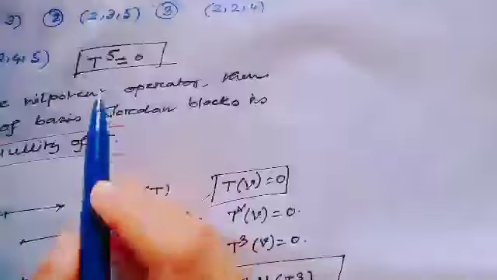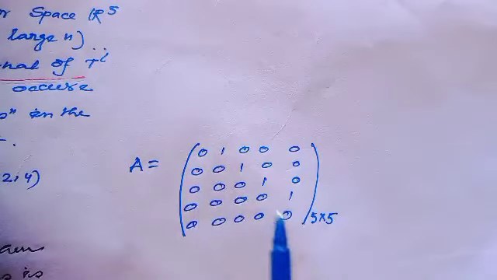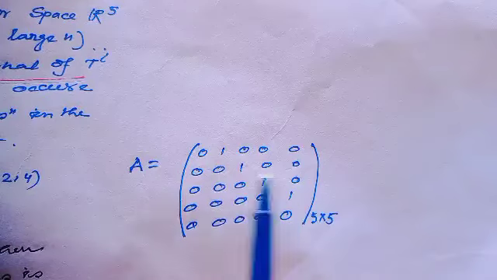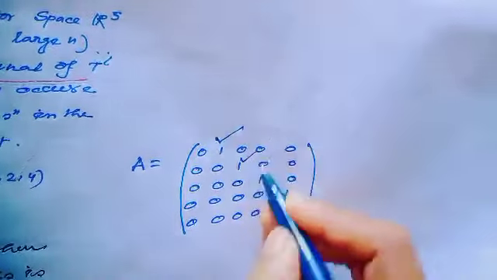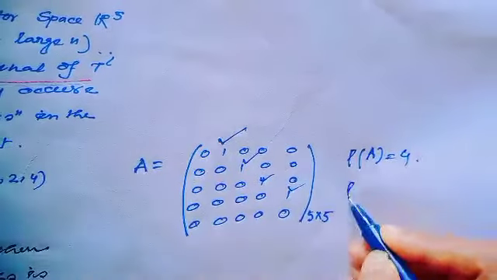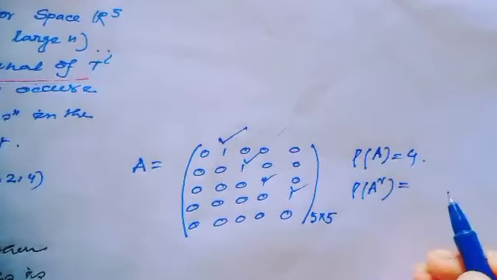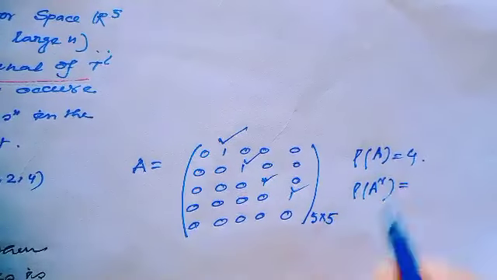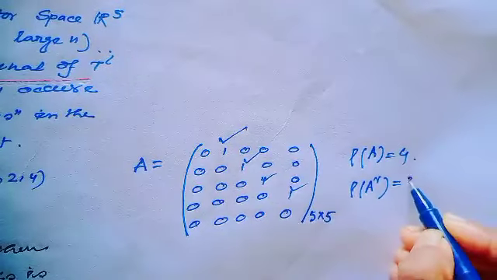Since T to the power 5 equals 0, here is a 5 by 5 matrix with one block, and for a nilpotent matrix the block would be of this type. Here the rank of the matrix is 1, 1, 1, 1, that means the rank of A is 4, and the rank of A square, if you calculate, it would be A times A, which reduces by one element. So the rank of A square would be 3.